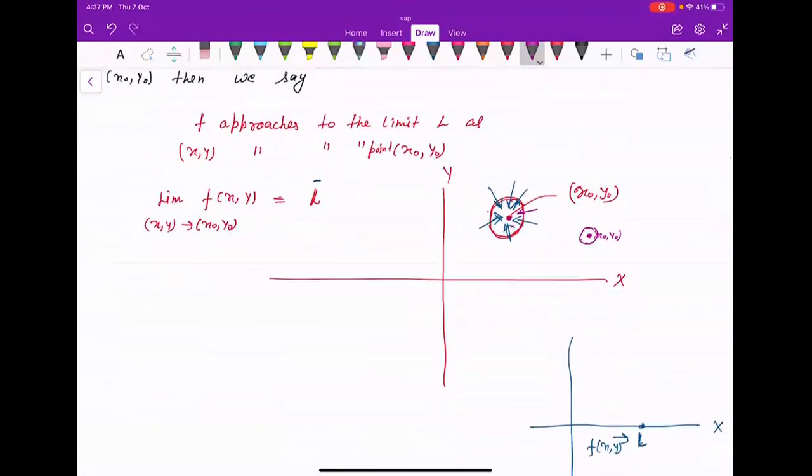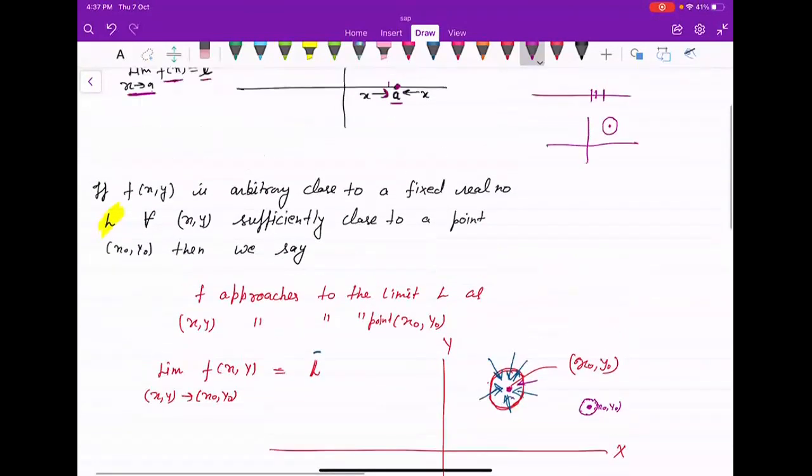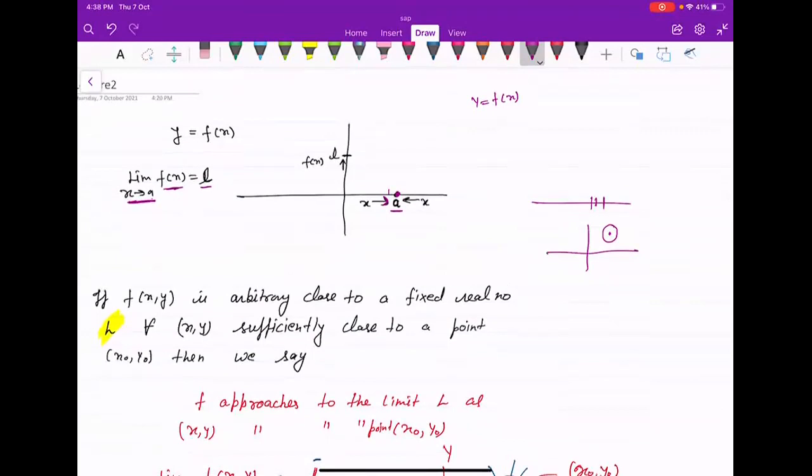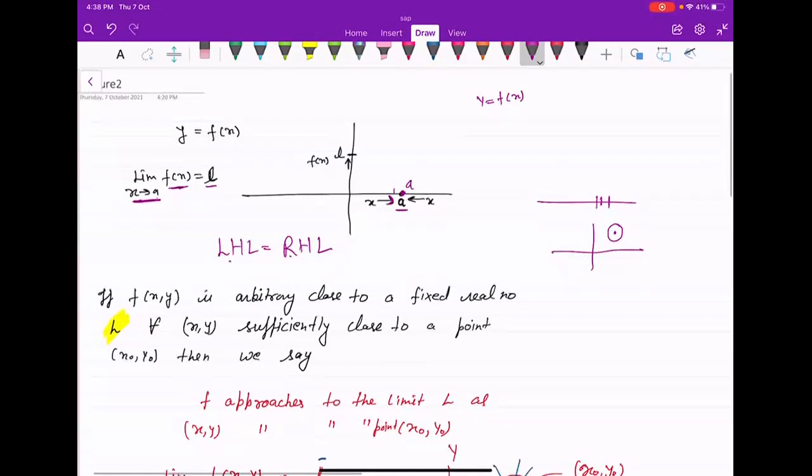Let us understand limit in 2-dimension by the different paths. In 1-dimension there are only two paths, and if the left hand limit is equal to the right hand limit, that means a plus and a minus, we say the limit exists.